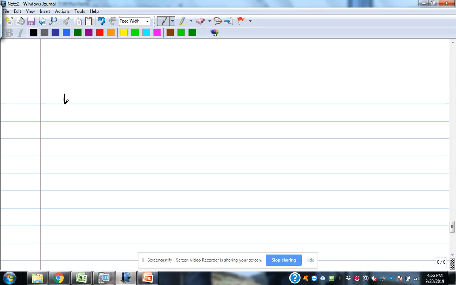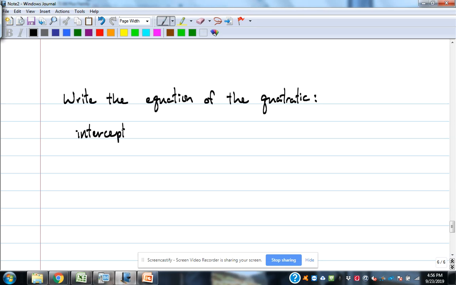So this one, we're going to write the equation of the quadratic that has intercepts (3, 0), it's an ordered pair, (-5, 0), and (0, 8).